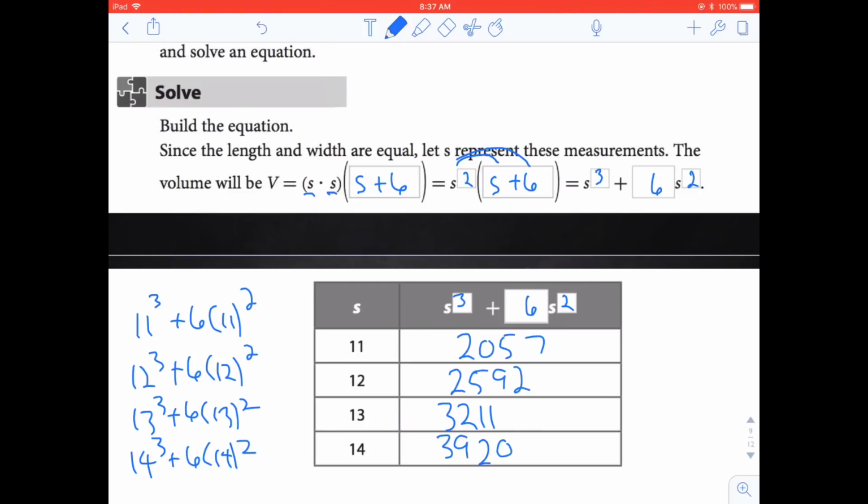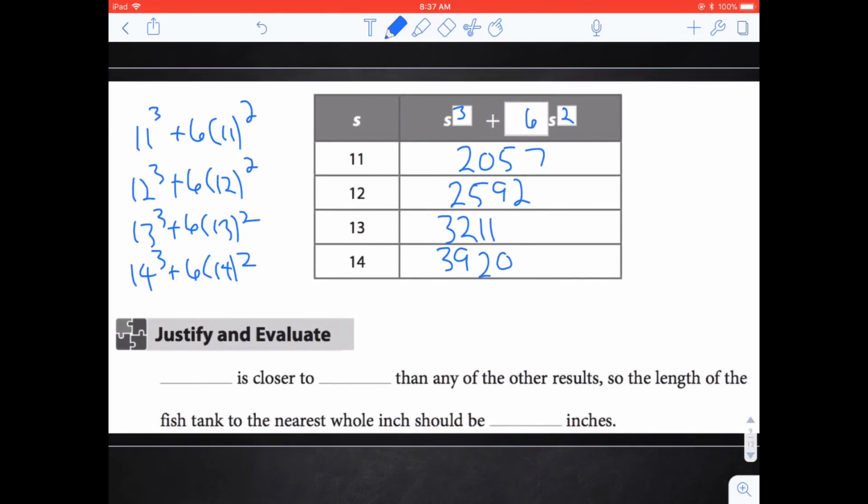Alright, so we didn't land exactly on our 3,500. It's probably some decimal in there. But for us, we're just kind of evaluating this, trying to get to where we can. And so we know that our closest to 3,500, based on what we saw, is the 3,211.